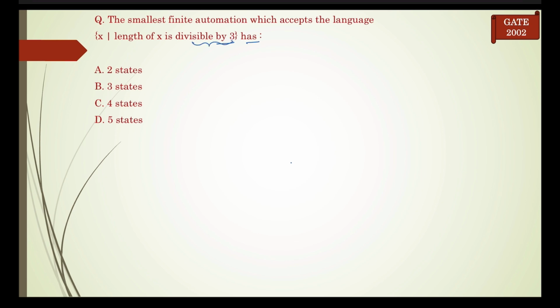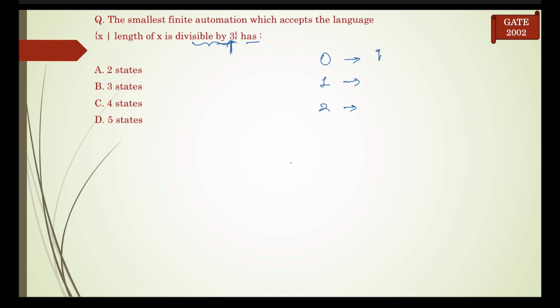Whenever we talk about divisibility by 3 or any number, the number of states will be equivalent to this number. So here it is divisible by 3, so we can have 3 remainders. Either we can get 0, or 1, or 2.